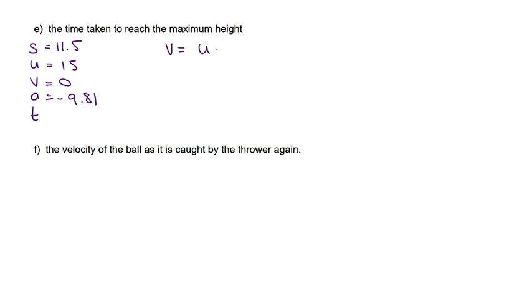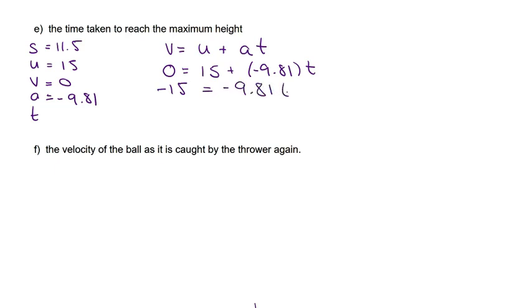So v equals u plus at, v is 0, u is 15 plus negative 9.81 lots of t. Moving 15 to the left-hand side, I get negative 15 equals negative 9.81 t, and dividing through by 9.81, I get 1.5 seconds. Lovely.